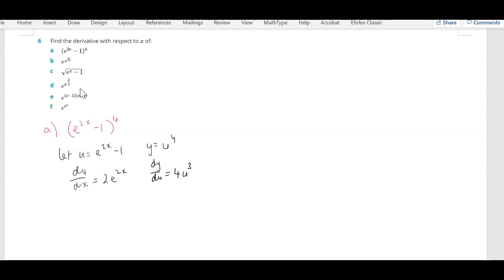So we're just using the chain rule, so hopefully you've done the chain rule section. So our derivative, dy/dx, is equal to 2e to the power of 2x times 4u, so just put that in brackets. Remember we defined u earlier. All right, bring it all together. So 2 times 4 is 8, e to the power of 2x, then (e to the power of 2x minus 1) cubed.